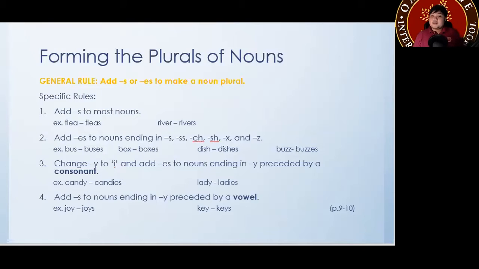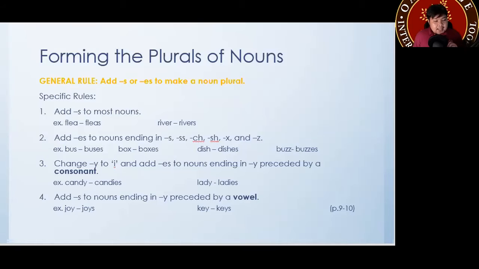Number three. Now, these are for words that end in Y, preceded by a consonant. When you say preceded, they come after a consonant, all right? So, for example, when your noun ends in Y and comes after a consonant, for example, candy, before the Y is a D, it's a consonant, right? What you have to do is change Y to I first and then add ES.